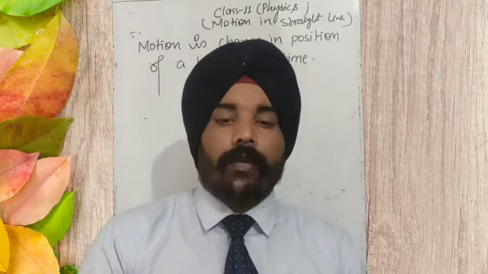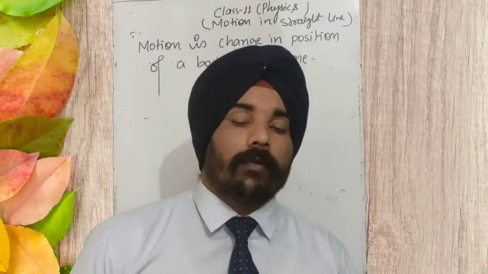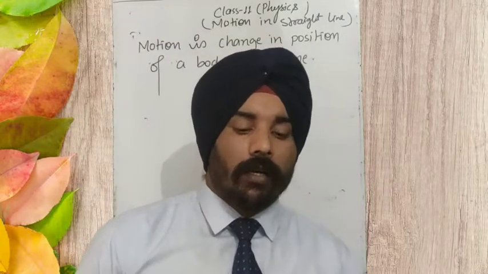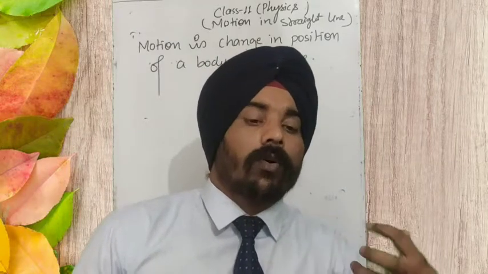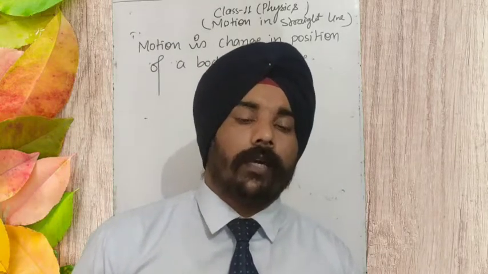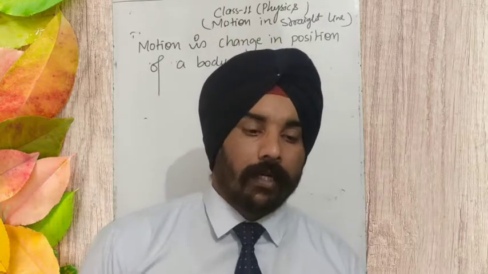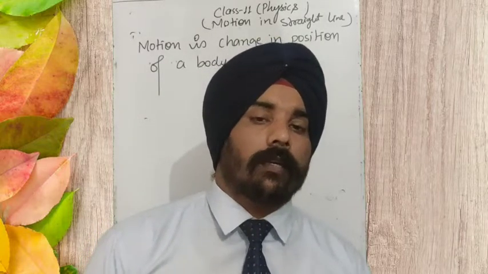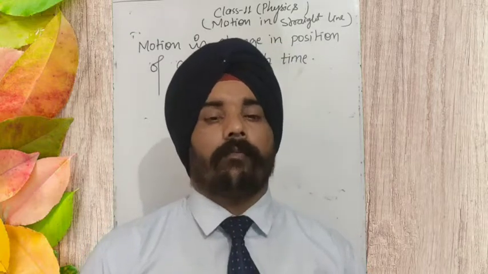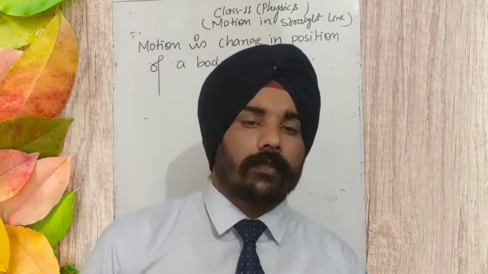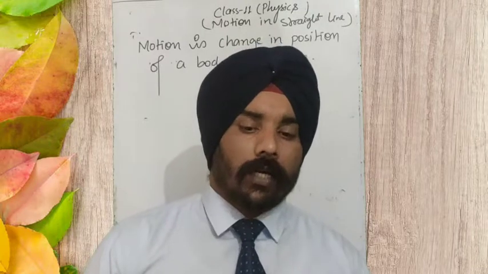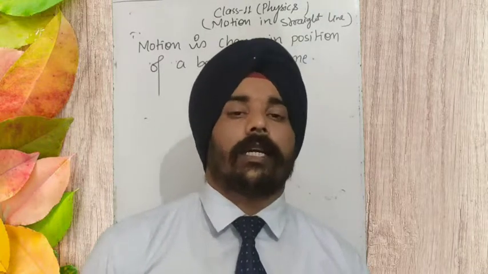Here we are going to describe the motion, not find out what causes the motion. We are just describing what kind of motion is done by the body. Very important terms here are velocity, acceleration and speed, that we are going to discuss in this chapter.